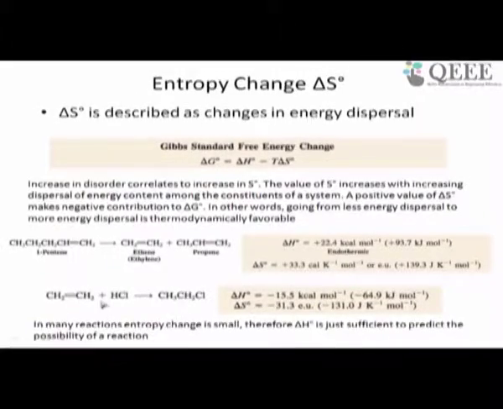Here you can see another example where hydrogen chloride adds to ethylene and forms one molecule. In this case, delta H is negative, which means it's spontaneous and it should occur. Thermodynamically it's favorable, but entropically it is disfavorable because two molecules became one, though it's a small amount.